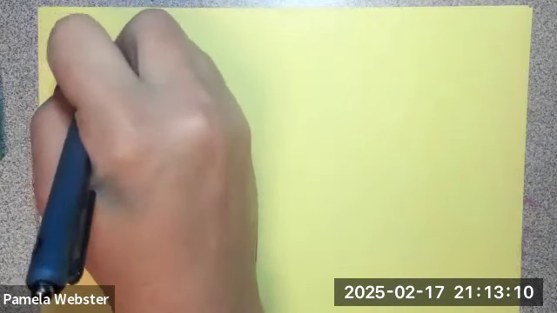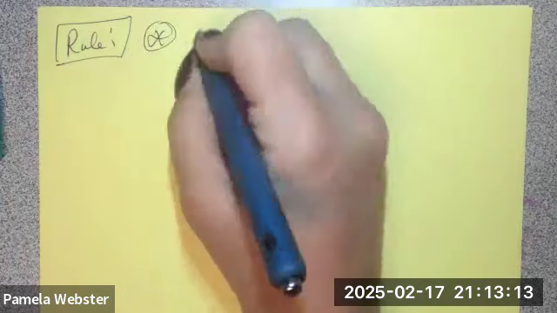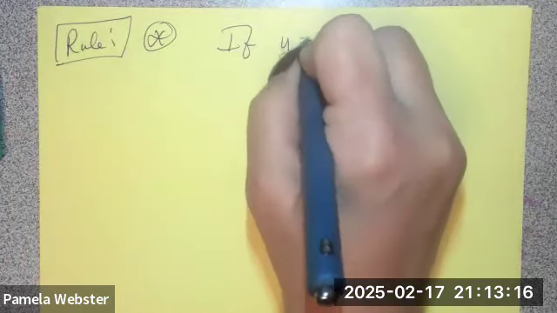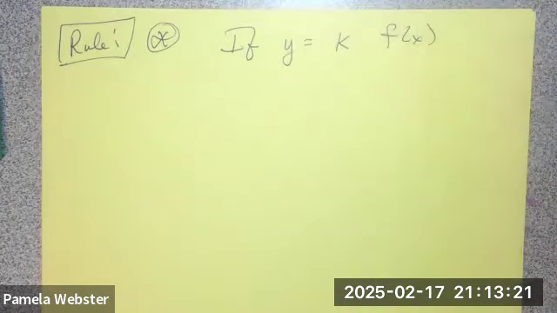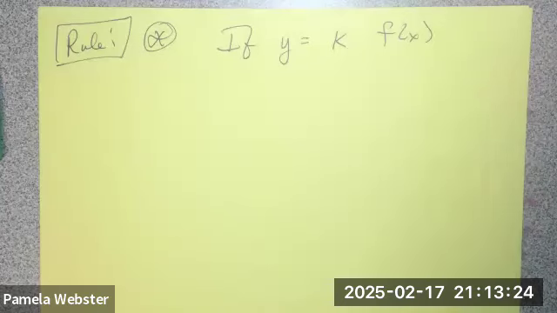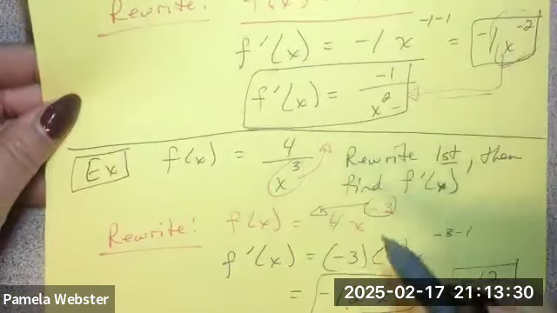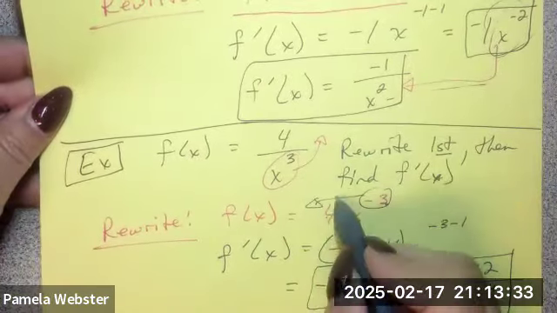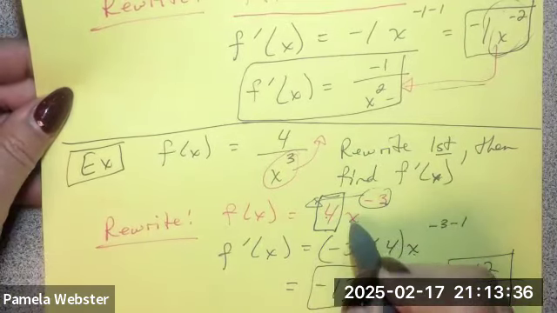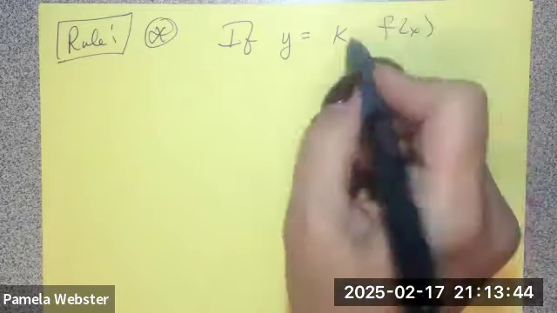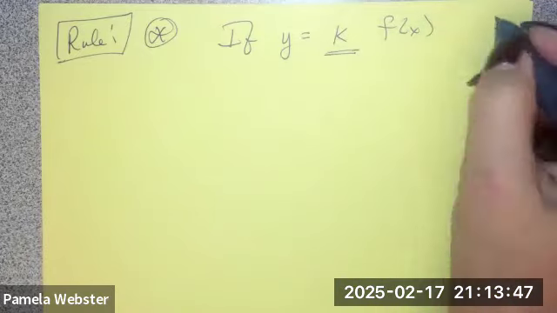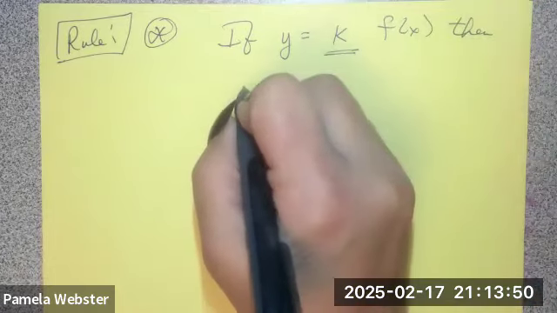All right. We have another rule. Okay. If y equals k times some function. This is one I actually just did a minute ago. I did it early. I'm sorry. I put a 4 in here, right? And we had 4 as a constant times x to the negative 3. And I just said, oh, we're just going to multiply it. I kind of hand waved that. But now we have a rule. If you have some constant k that is multiplied out in front, it's not a big deal.